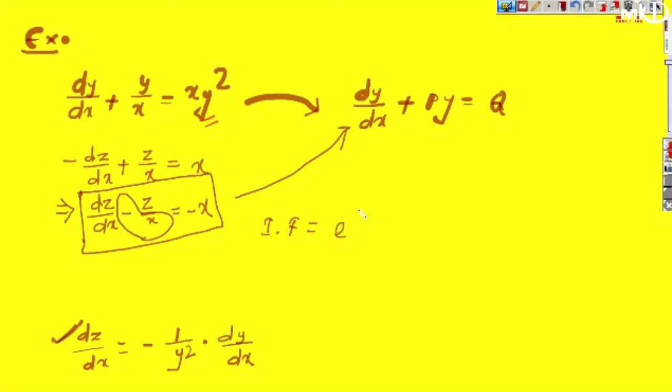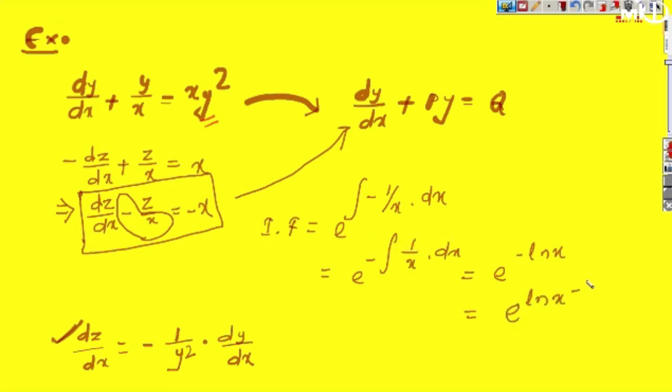It is equal to e to the power minus integration of minus 1 by x dx. That is equal to e to the power minus ln x, which is equal to e to the power ln x to the power minus 1, that is equal to 1 by x.